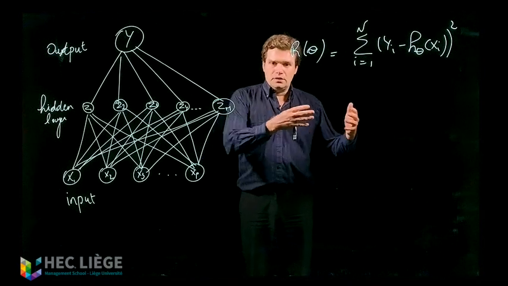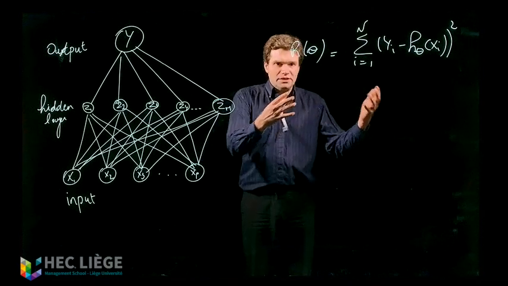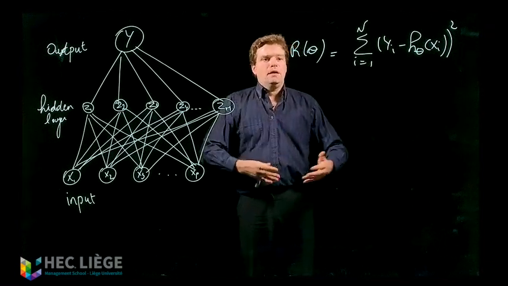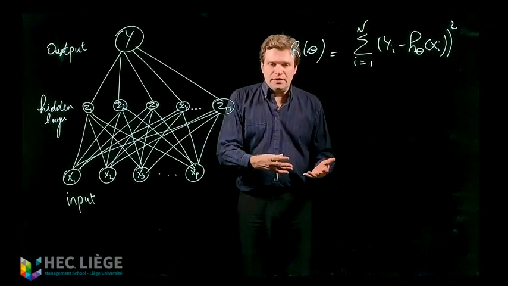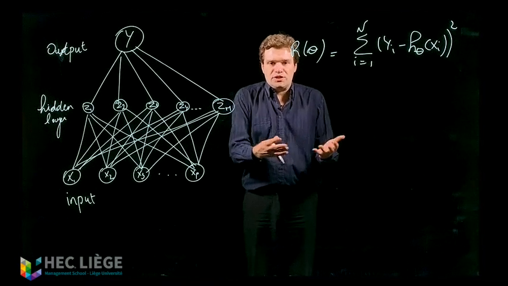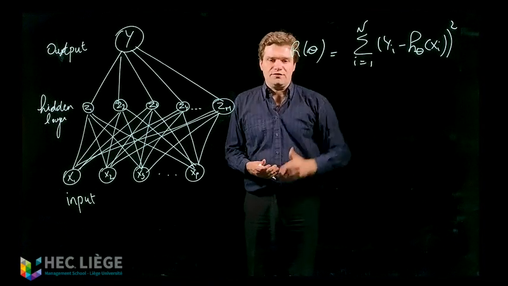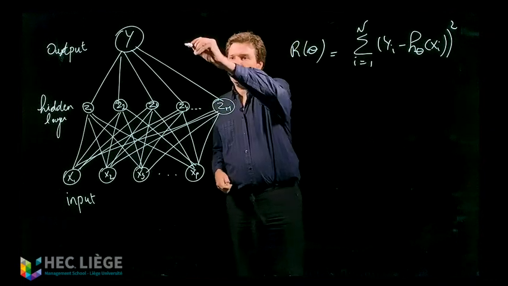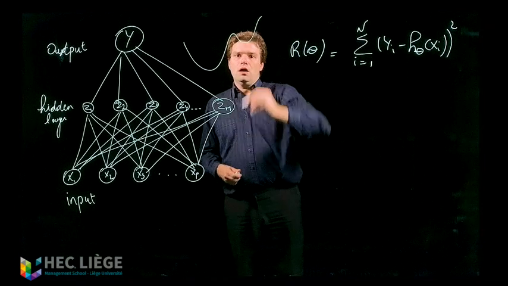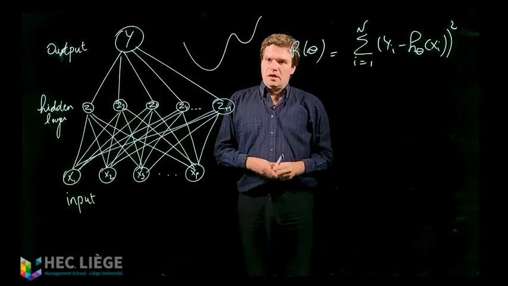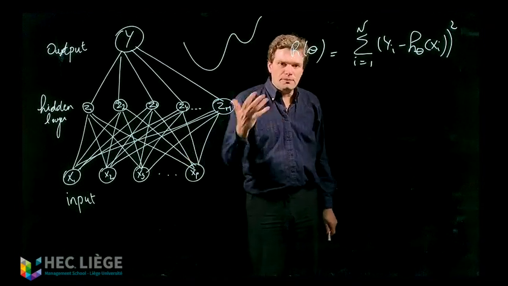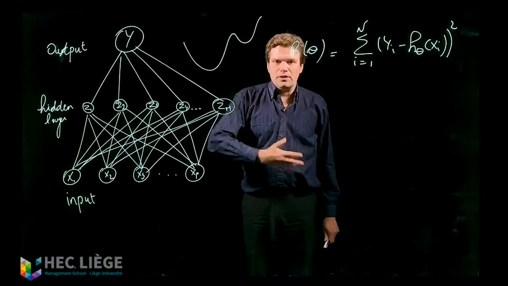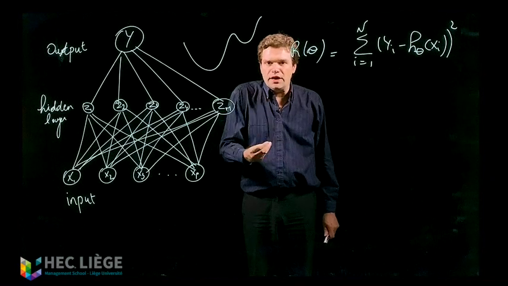Now, at the end we should find a value of theta which is the minimum of this function. But it's well known that a gradient descent has some problems. When you implement a gradient descent, this algorithm depends on what we name the learning rate.